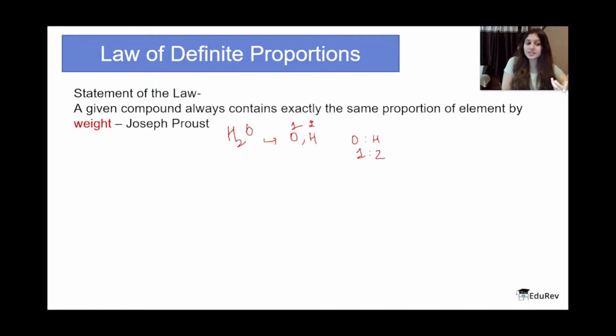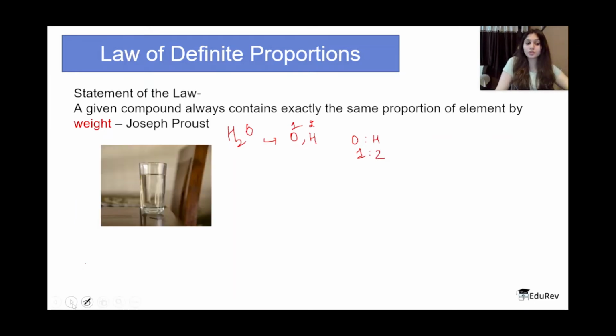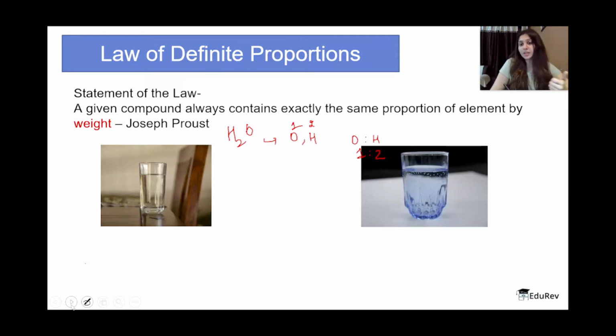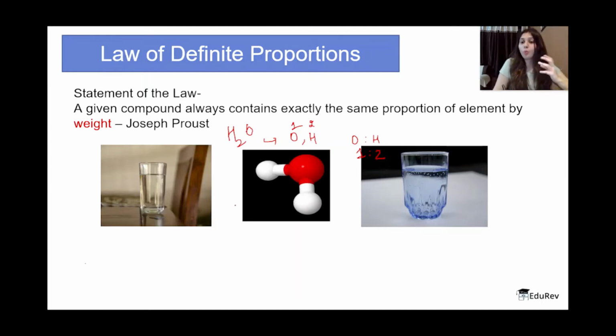What is this law basically saying? For example, you have a glass of water which you take out of the refrigerator of your own house, and let's say you have a friend in Germany who also does the same, and gets a glass of water from their refrigerator out there in Germany. Irrespective of the source of water, the water molecule is always going to be 1 atom of oxygen and 2 atoms of hydrogen combined.